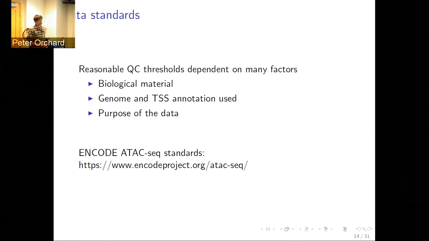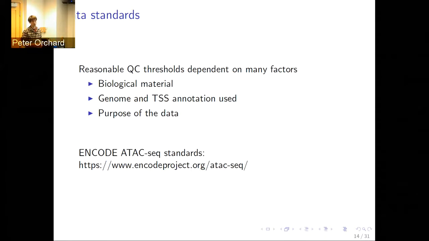So that's the tool. I'm frequently asked by people who use it what QC thresholds I use, and my advice is always, take a look at some of the public data that's out there. Take a look at the distribution of your own QC statistics. But it's hard to give really precise values. We found, for example, TSS enrichment can change radically depending on the list of transcription start sites that you use.